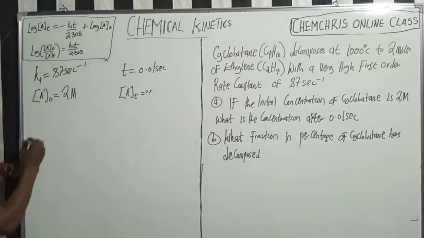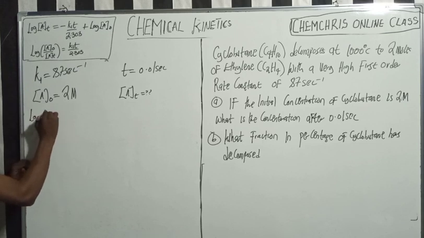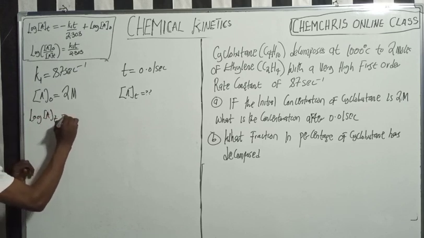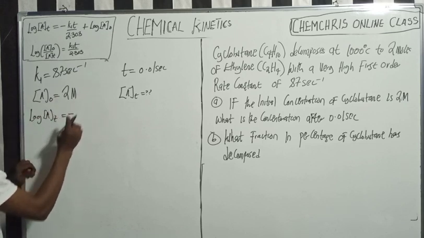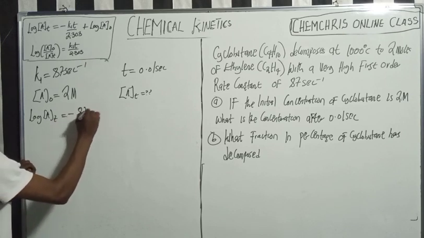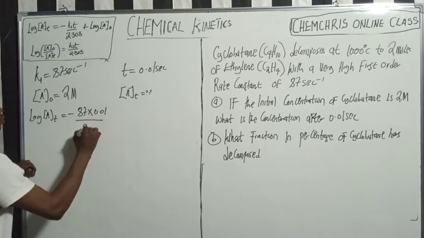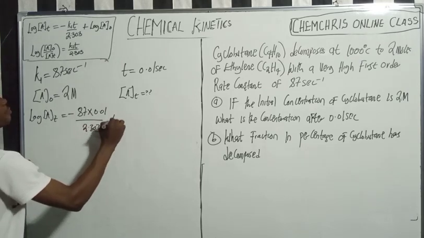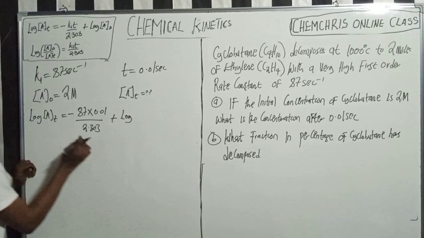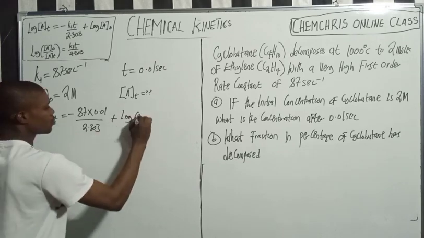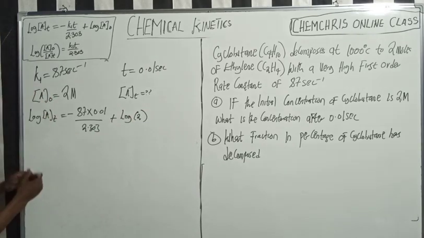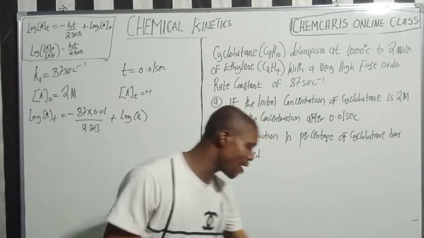So it's going to be log At equals minus 87 times t, 0.01, over 2.303, plus log, here we have 2. Can you see that? So it's just like what we have done previously.